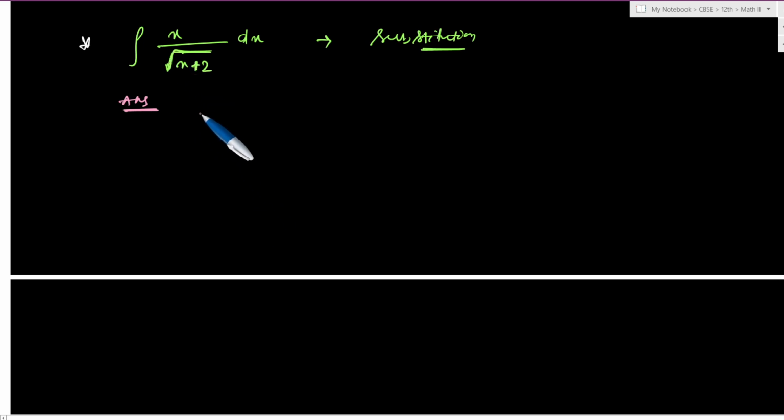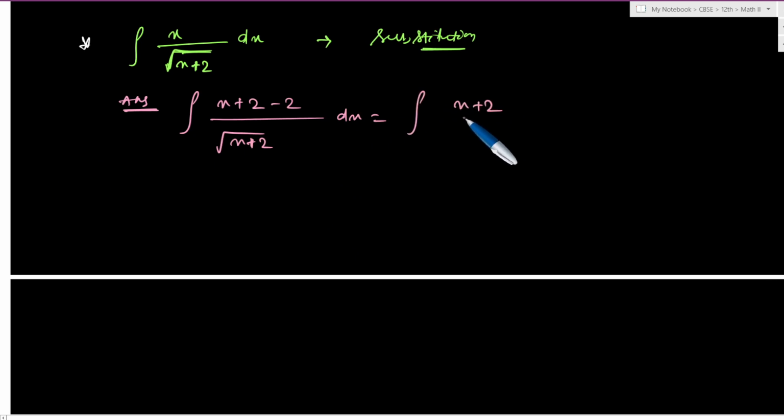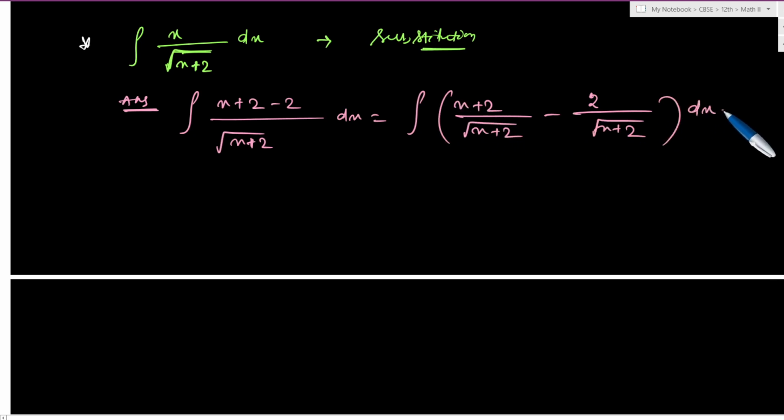So just write down the integration of x plus 2 minus 2 in the numerator. Just add 2 and subtract 2 and leave everything else as it is. And this we can write like x plus 2 divided by root over x plus 2, minus 2 divided by root over x plus 2. No problem, this is simple mathematics.